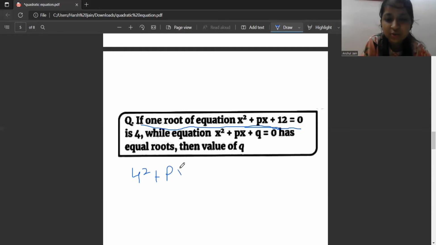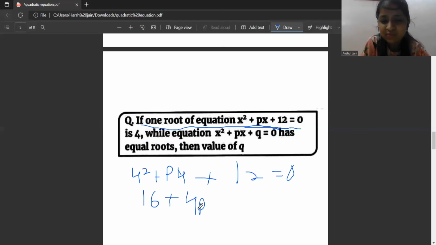What is 4 square? You know, 16, right? Plus 12 is equal to 0. 16 plus 12. What is 16 plus 12? 28.